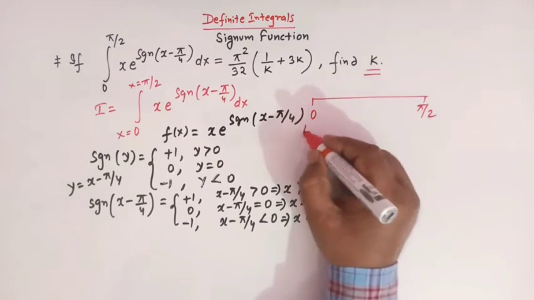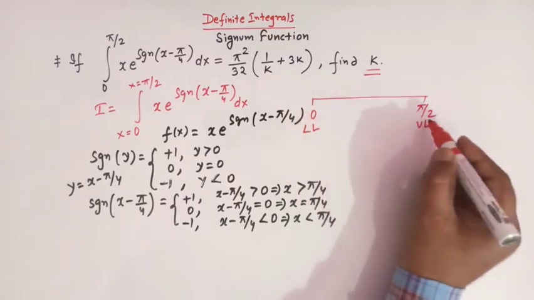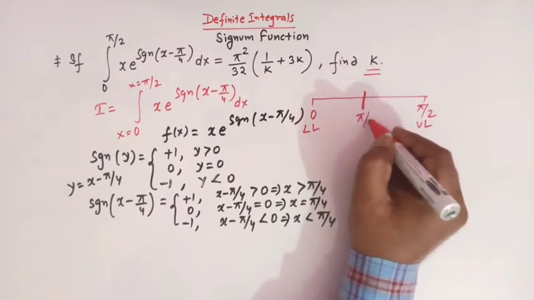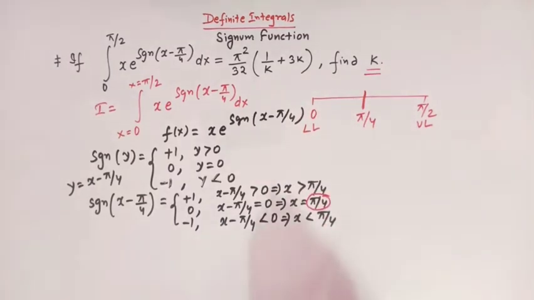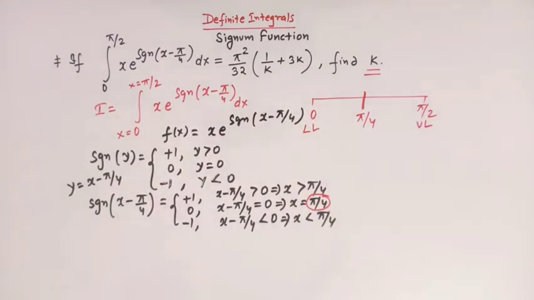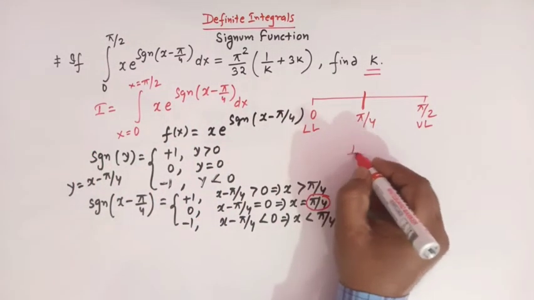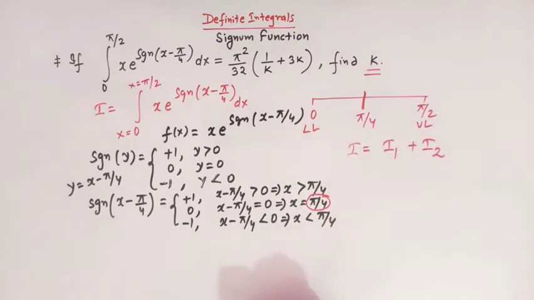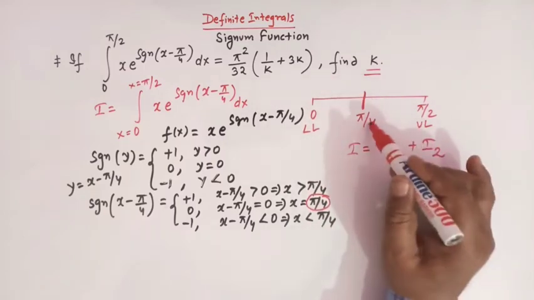So this is the lower limit and this is the upper limit, and between 0 and pi by 2 we have the point pi by 4, right? So we have this point. So pi by 4 lies between 0 and pi by 2. So what we will do, we'll split this integral I as a sum of two integrals, right? I1 and I2. So I1 is from 0 to pi by 4, and I2 is from pi by 4 to pi by 2, right?